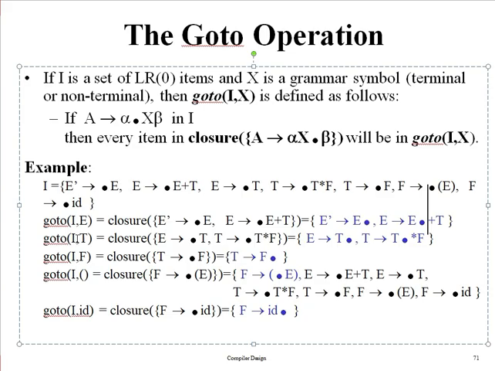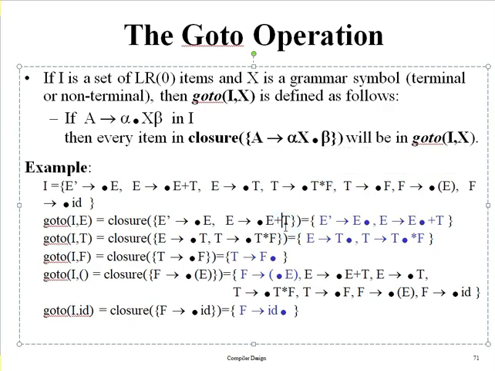The second goto operation that can be applied on I is goto of I comma T, because here after the dot we have T. On the E production rule and the T production rule, we apply closure.